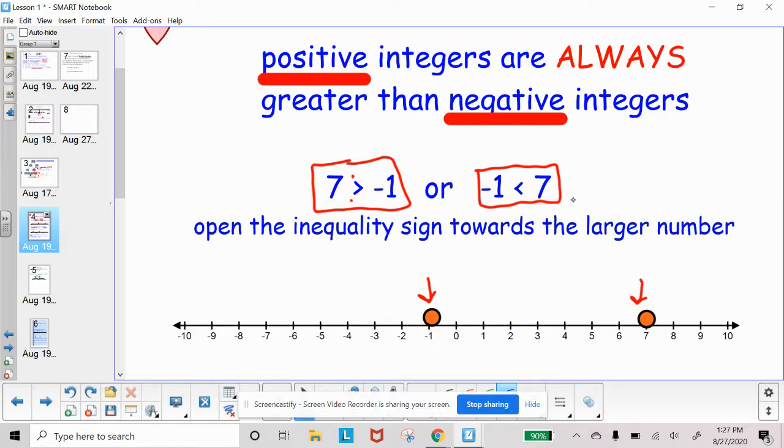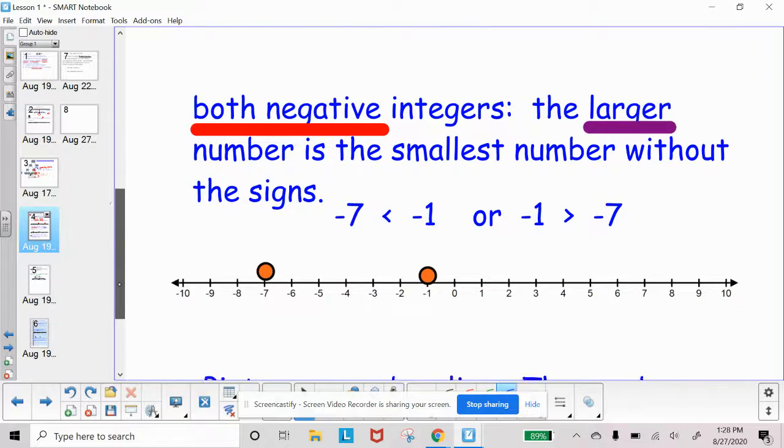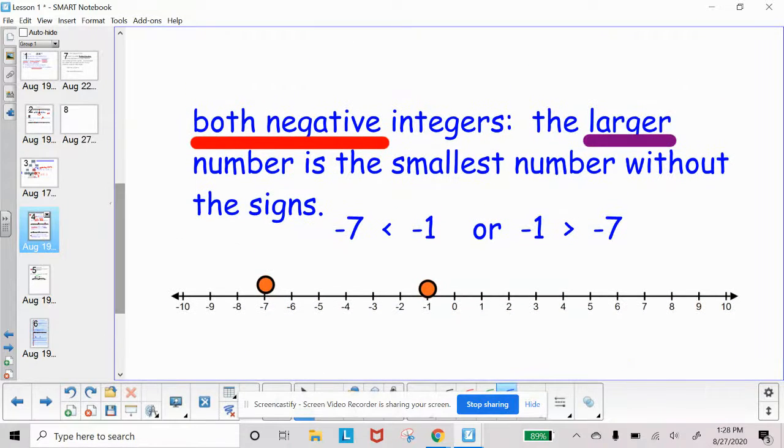When you're reading it from left to right and you come across the big side, that's greater than. So 7 is greater than negative 1. If you're reading it from left to right and you come across the little side, that's less than. So negative 1 is less than 7. So the alligator is always pointing towards eating the bigger number, but you should be able to read it from either direction. If both numbers are negative, then the larger number is the smallest number without the signs. So think of a number line.